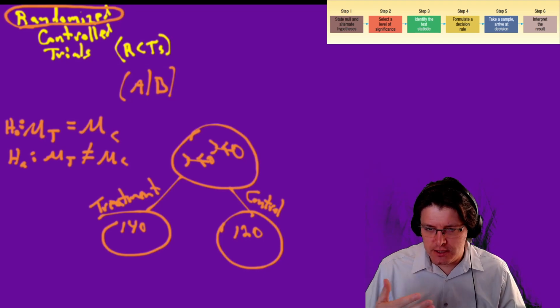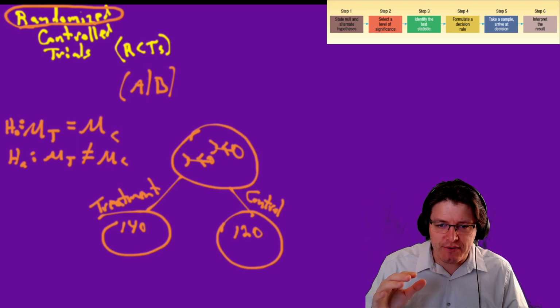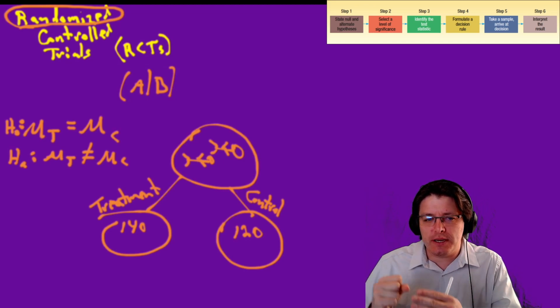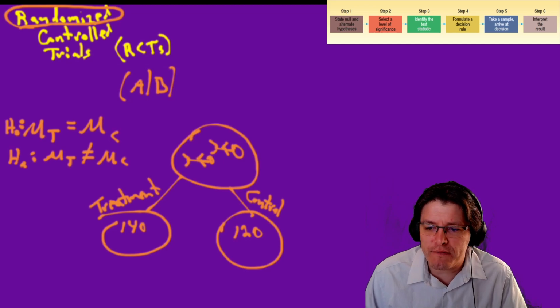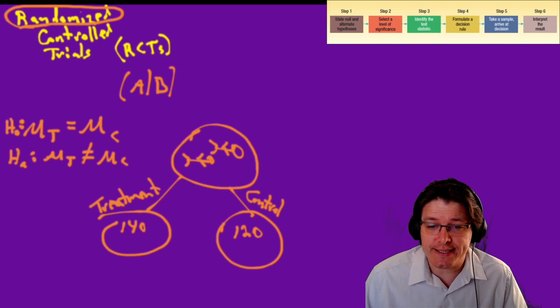To be more clear, we can often make multiple controls. But on the base level, this is what we're doing: here's a new treatment, here's a control. Now, a few other things to talk about here. When we do it, we want to be very careful that we're not accidentally biasing our results.